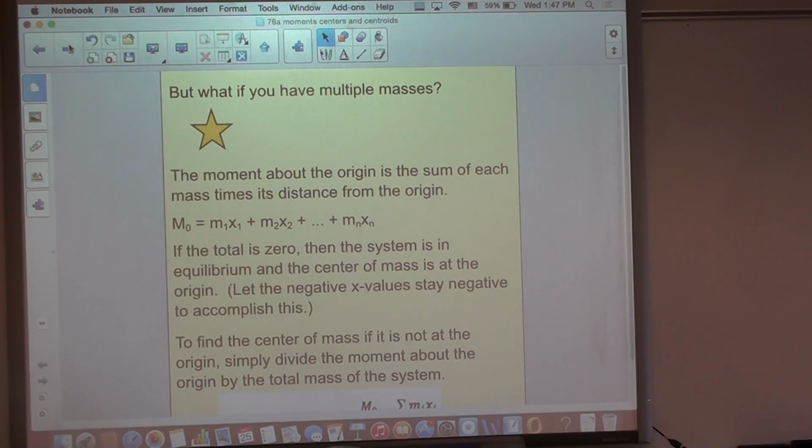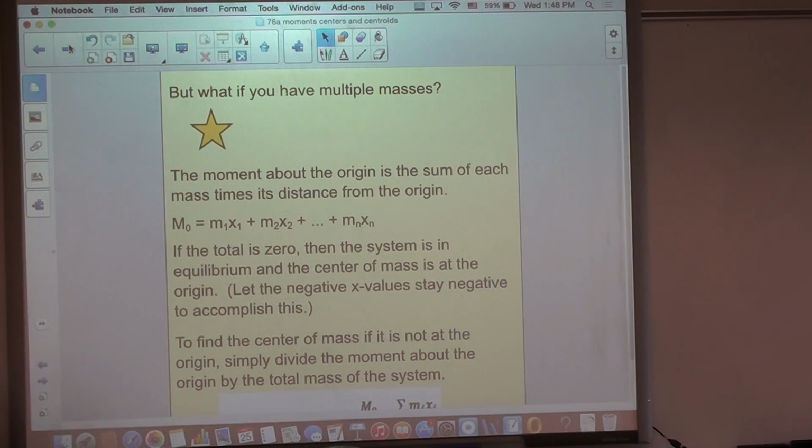That way, if your moment about the origin is 0, then it's in equilibrium, and you have a balanced axis. That's the goal. If the total of all the moments equals 0, then your system is in equilibrium and the center of mass is at the origin. Just make sure negatives stay negative, positives stay positive.